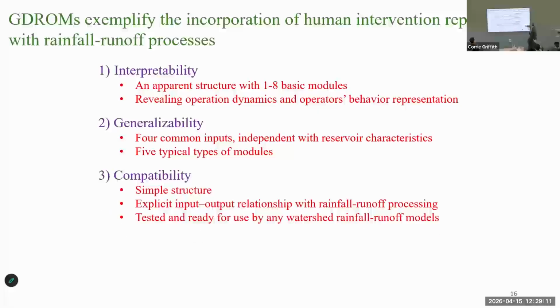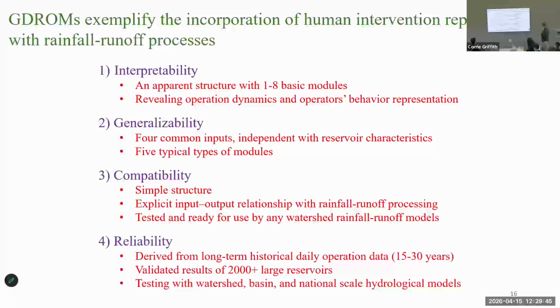So compatibility, that's it. Basically, GDRAM has a simple structure. It has an explicit inflow-outflow relationship with rainfall runoff processing, and it is also tested and ready to use for any watershed rainfall runoff modules. Actually, we are working with the NOAA Climate Research Center and other agencies to add this reservoir representation into national water models.